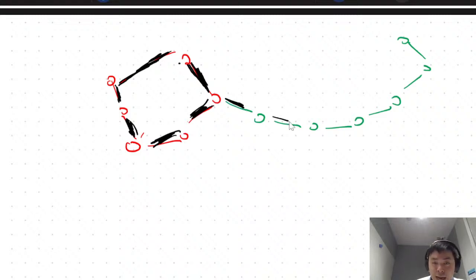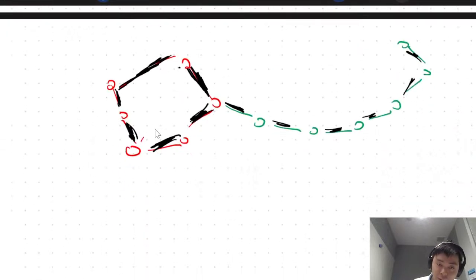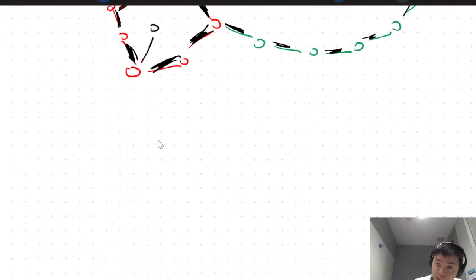Well, if I just add on this new path, then this is my balloon, right? And likewise, if I don't have a Hamiltonian cycle, something like this, then I claim that we can't have a balloon here, because the balloon here can't consist of this vertex.